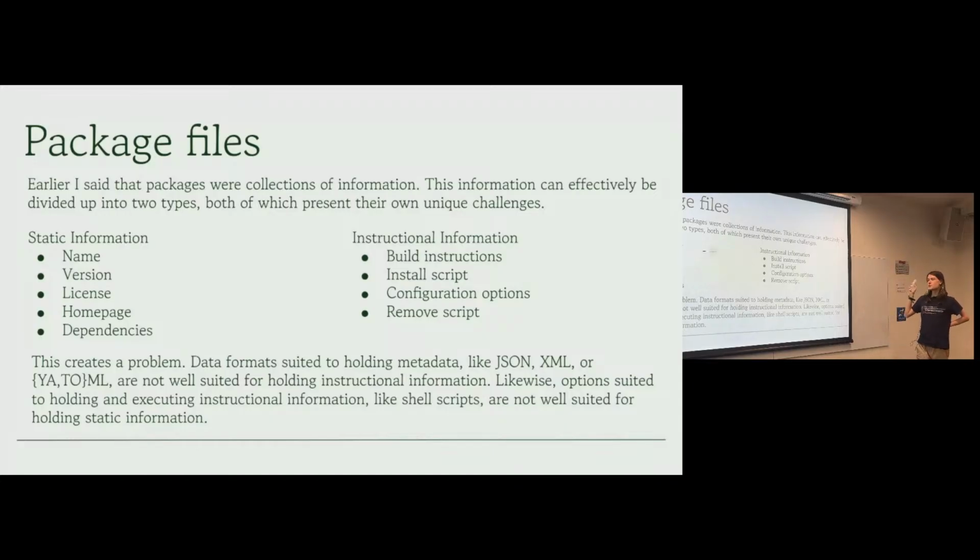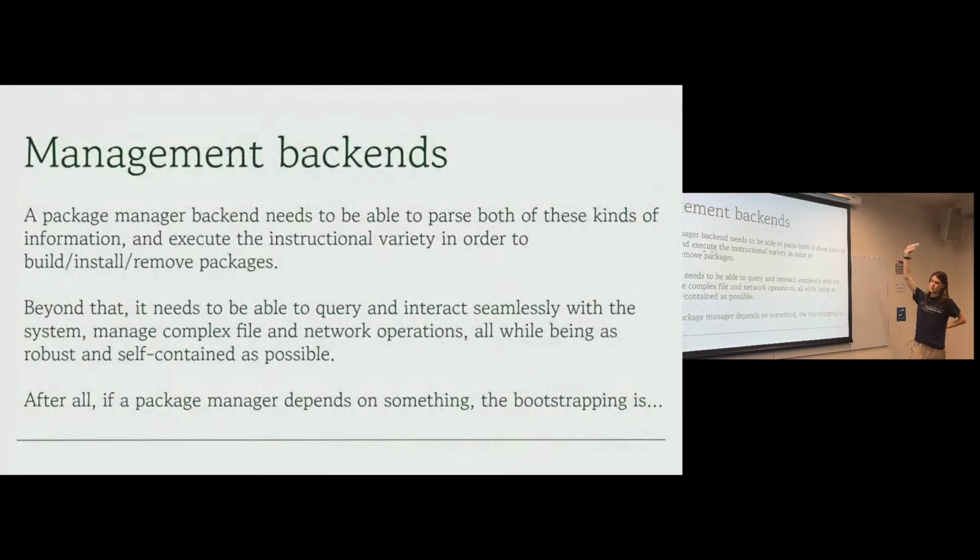And likewise, options suited to holding and executing instructional information, like a shell script, are not that well suited for holding static information. You don't really have any bash-based databases. And then the package manager backend. A package manager backend needs to be able to parse both of these kinds of information and then execute the instructional variety in order to build or install packages.